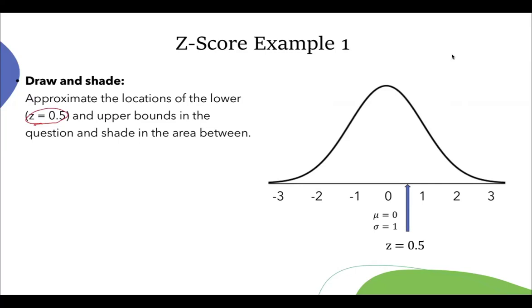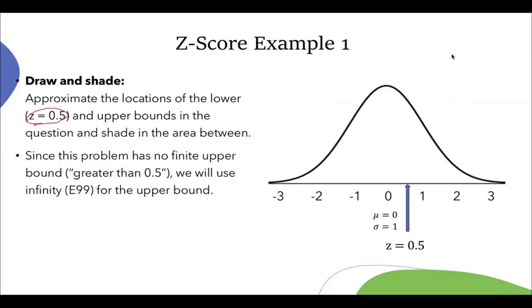We're going to make a vertical line that hits the curve. Okay, make a vertical line at that 0.5 and touch the curve at the top, and then take note of what the question is asking you for. It's asking you to find the probability that the z-score is greater than 0.5.